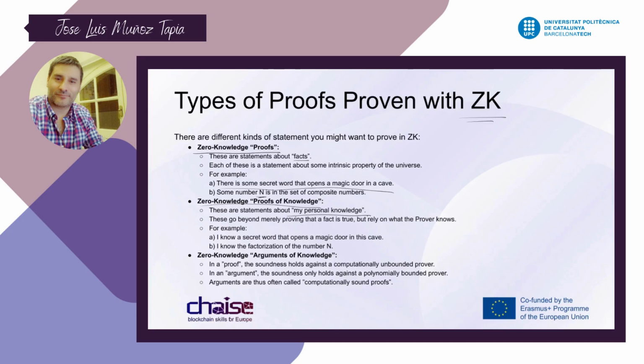This is beyond the fact that something is true or not. It is about what the prover knows. We call this proof of knowledge. For example, I know a secret word that opens the magic door in this cave.